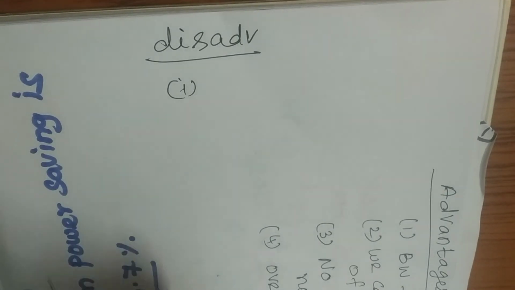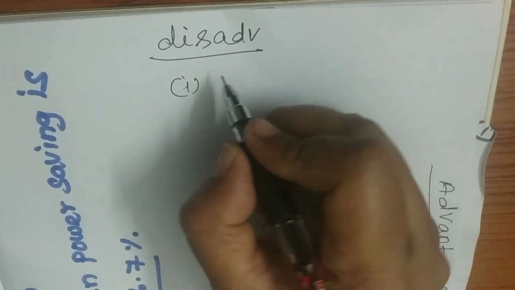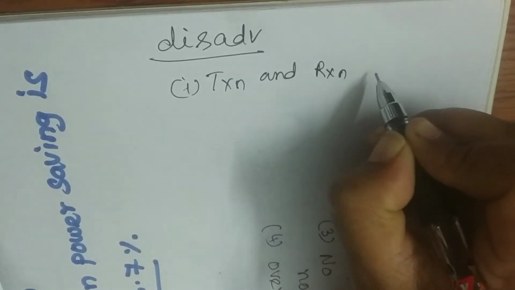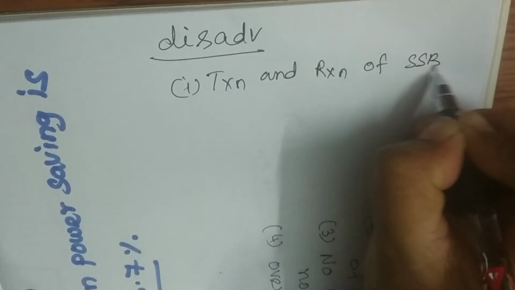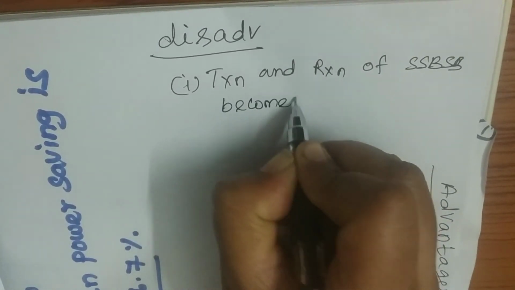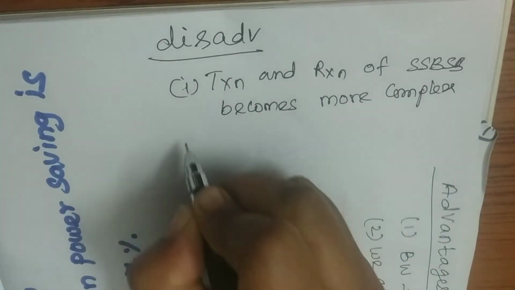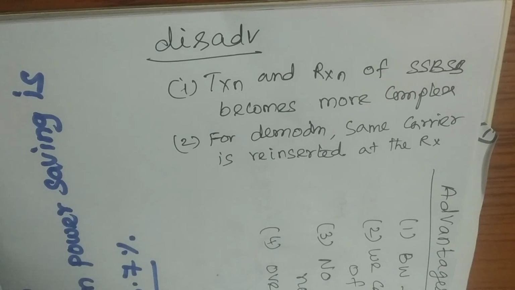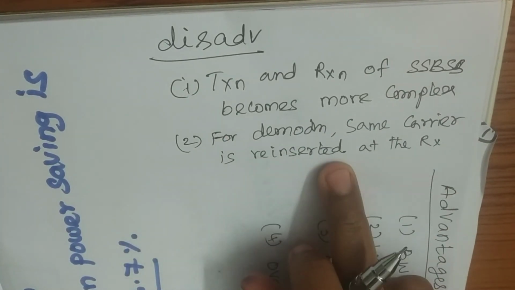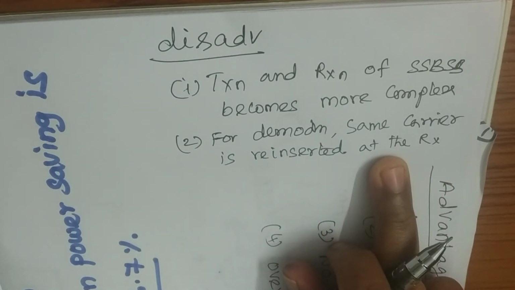Then some of the disadvantages I have listed. Transmission and reception of the SSB signal becomes more complex. For demodulation, the same carrier signal is reinserted at the receiver. So this is another disadvantage of SSB SC AM.